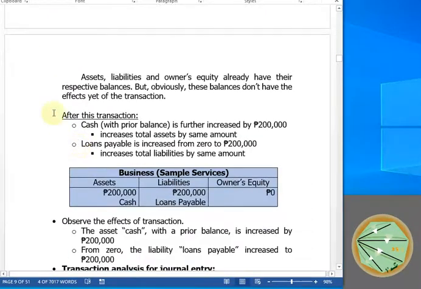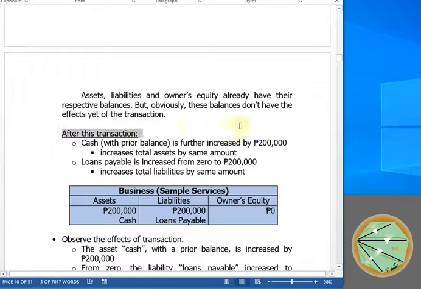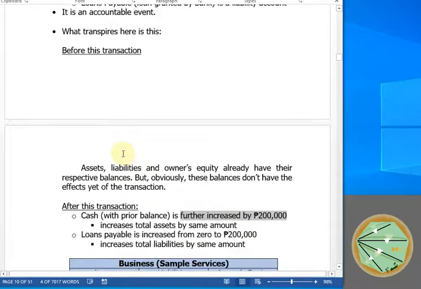So obviously, after the transaction took place, now we go to the analysis of what happened after that. Cash, with a prior balance, because again there were already prior transactions, is now increased by 200,000. Increased because we received cash.